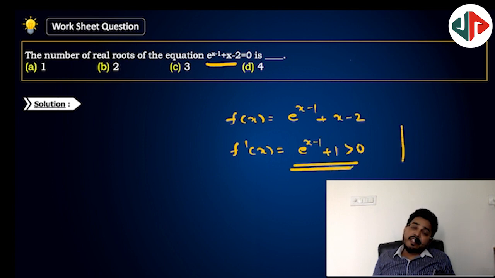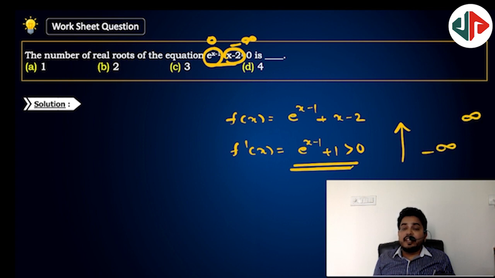So the function is increasing. As x tends to minus infinity, e power minus infinity goes to 0 and the function goes to minus infinity. So the function is strictly increasing from minus infinity to plus infinity, so it has to cut the axis, so one real root is possible.